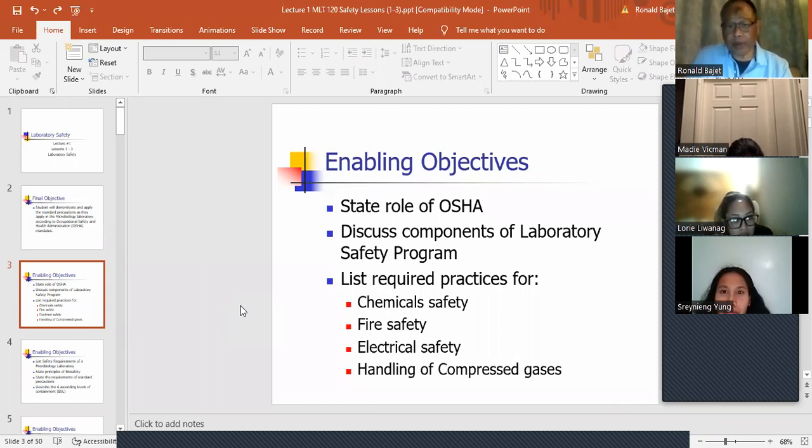And then the list of required practices: chemical safety, fire safety, electrical safety, handling of compressed gases. This is not all. There's other things like safety training that needs to be done. For example, one of the big things is ergonomic safety. In the laboratory where I worked, people were dropping like flies with injuries, like shoulder injuries and wrist injuries and arm injuries and carpal tunnel, because they're doing the same repetitive motion over and over for 20, 30 years.